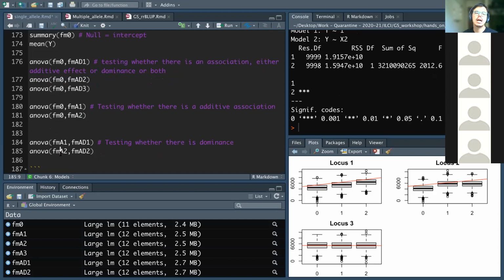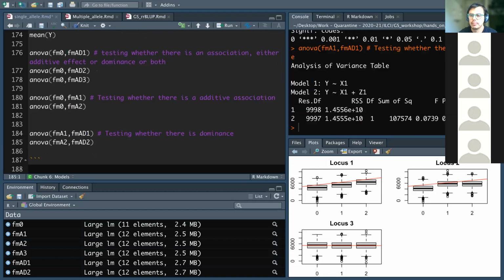But now, if you want to know whether it's just an additive effect in those loci, or additive and dominant, that is why in this ANOVA I compare the additive model with the model that also takes into account the dominance effects. For the first locus, which only has additive effects, there is no dominance, and the p-value is really high.